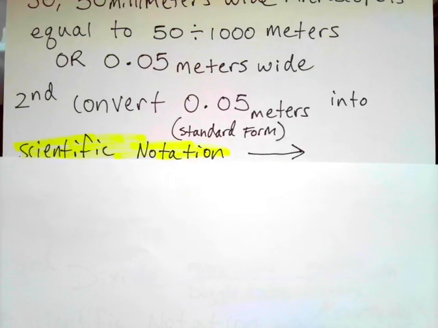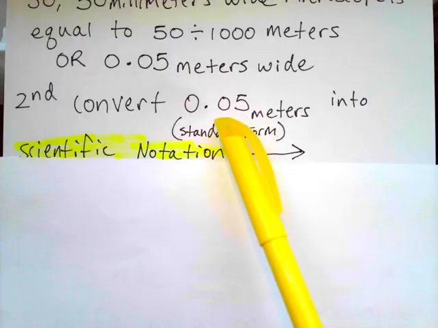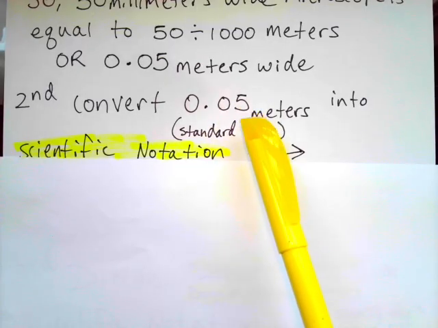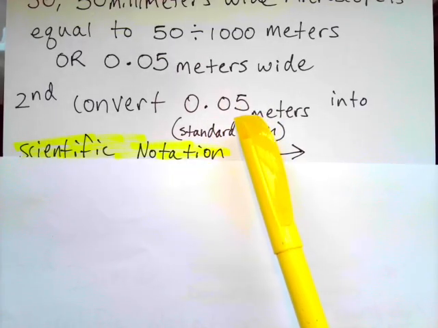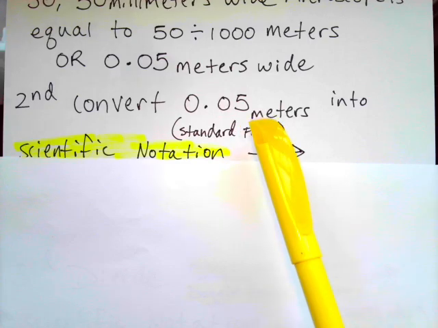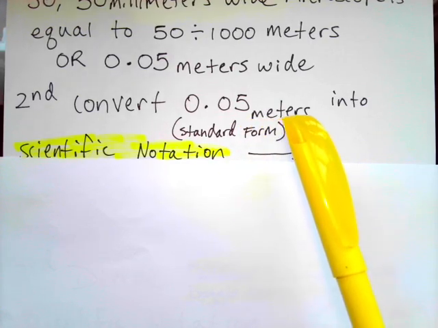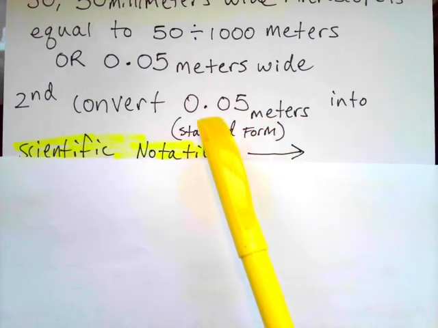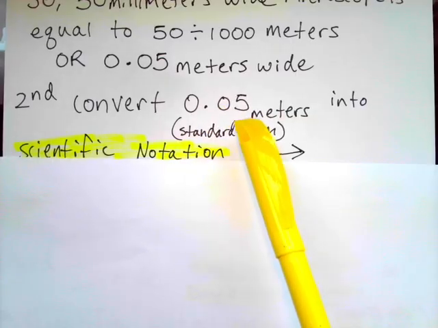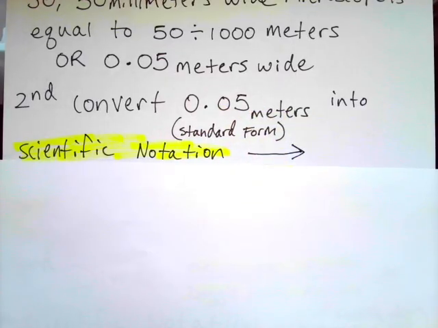So I need to turn this value, 0.05, into a number between 1.0 and 9.9. Remember, that's the rule for scientific notation. I'm going to move the decimal two places to the right to get 5.0. What was that rule?